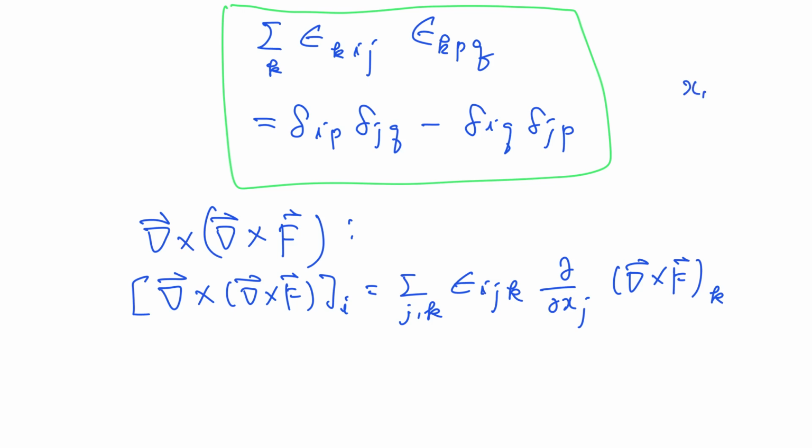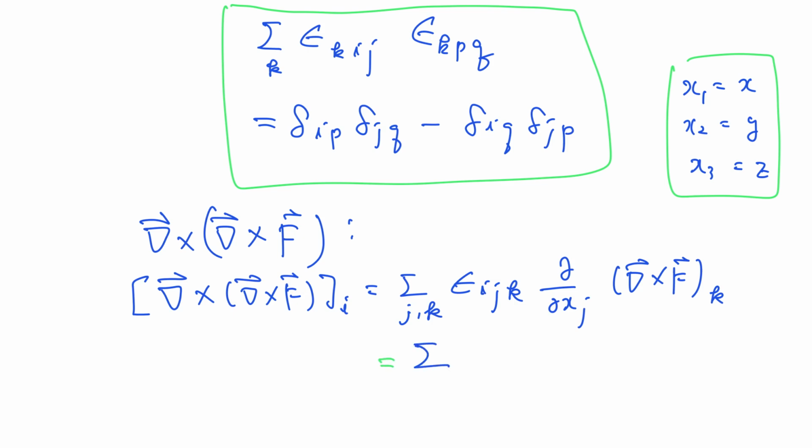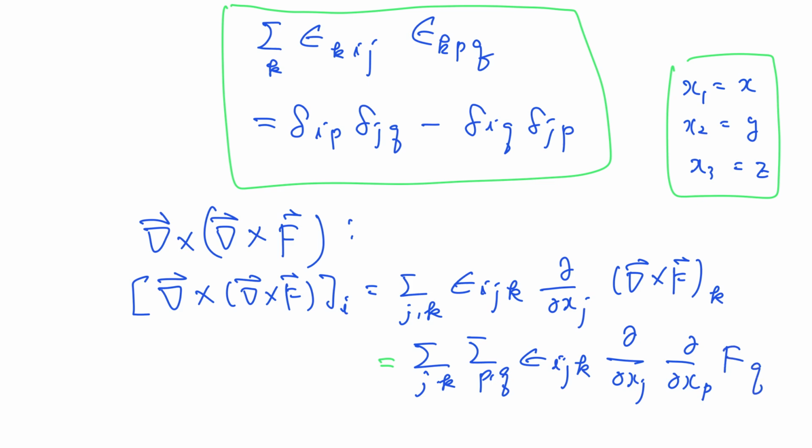So x1 is x, x2 is y, x3 is z; you can assume it this way. Then again, sum over j, k, p, q of epsilon ijk, partial xj, epsilon kpq, partial xp, partial fq, right? So you can just write this symbolically.